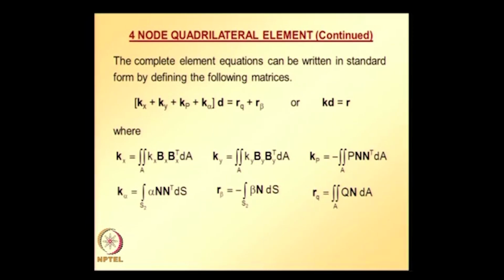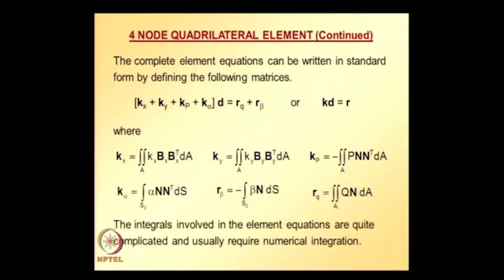And these integrals can be quite complicated and usually require numerical integration, because once we start using a bilinear element or quadratic element, these integrals are no longer going to be constant, unlike in 3 node triangular element which is linear.